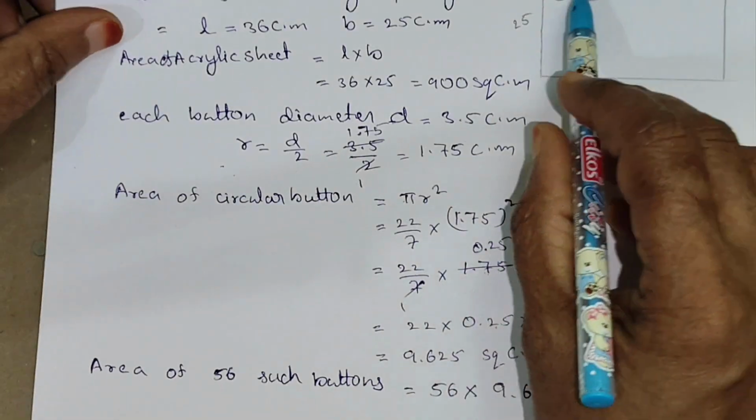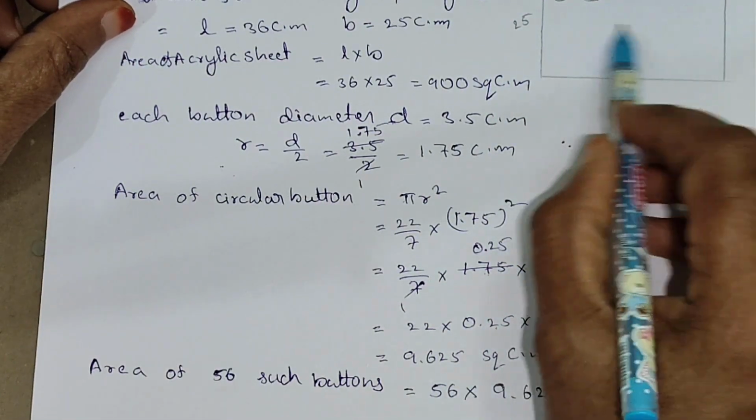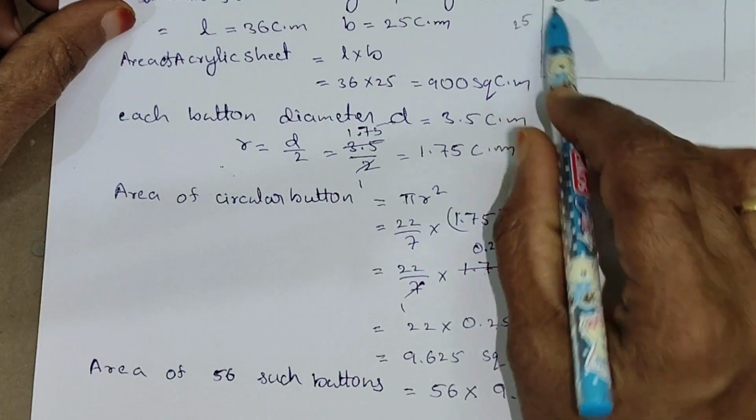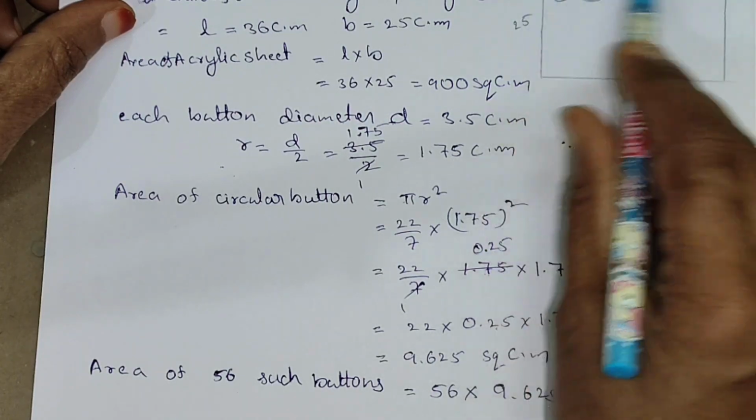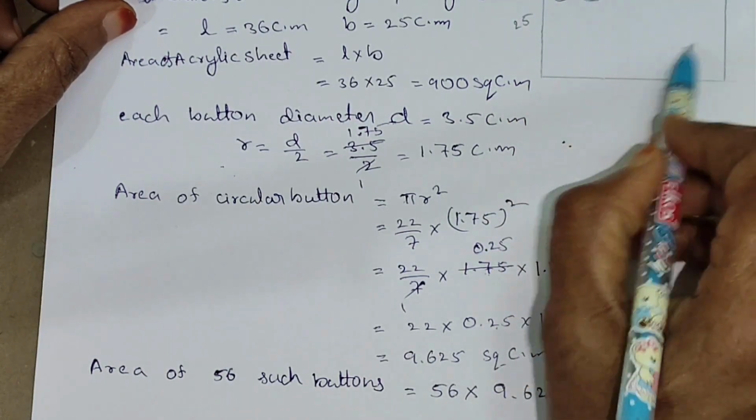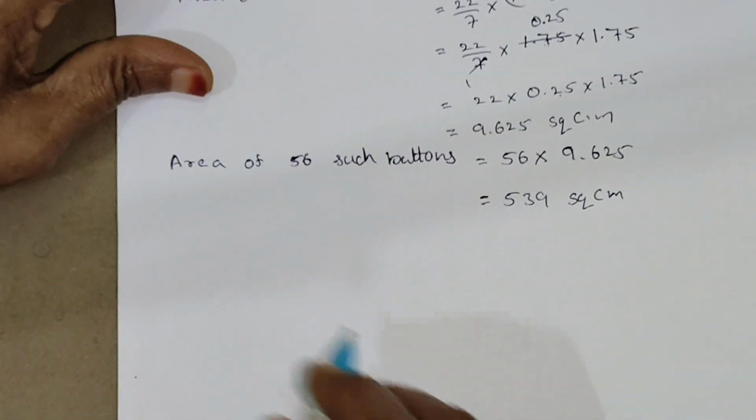Now we know the area of the 56 buttons. To find the remaining sheet area, we take the total area minus the buttons area.